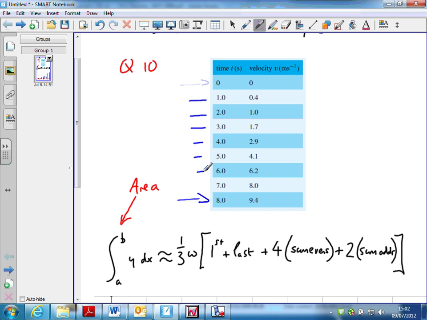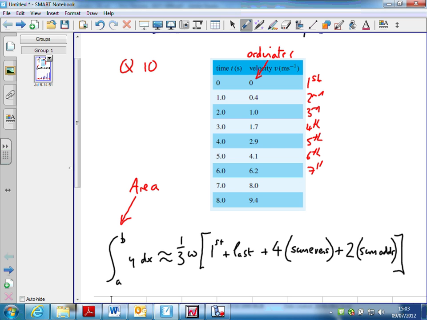4, 5, 6, 7, 8, which gives you your first through to your last. So these effectively are the ordinates. Here, the y values. So first ordinate, second, third, fourth, fifth, sixth, seventh, eighth, and ninth, or last ordinate.